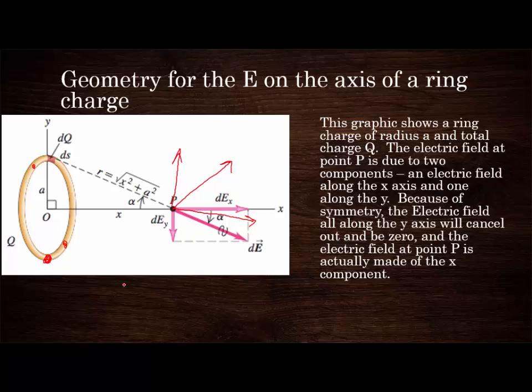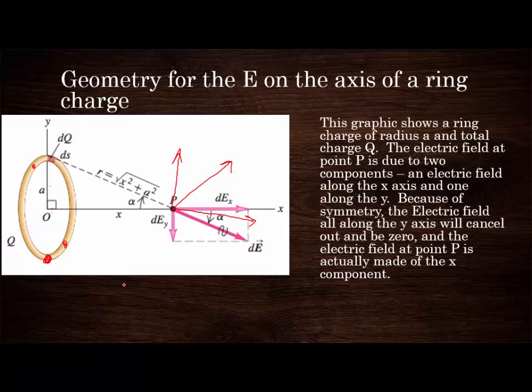So what you're going to get is a situation with a high amount of symmetry. If you look at each of these vectors, each vertical component is canceled out by another vertical component because you're going in a circle, right?